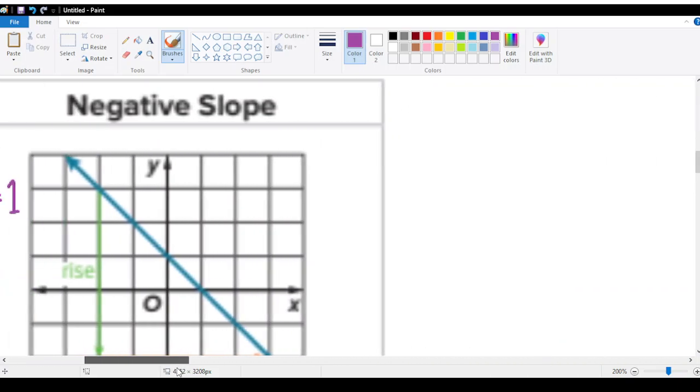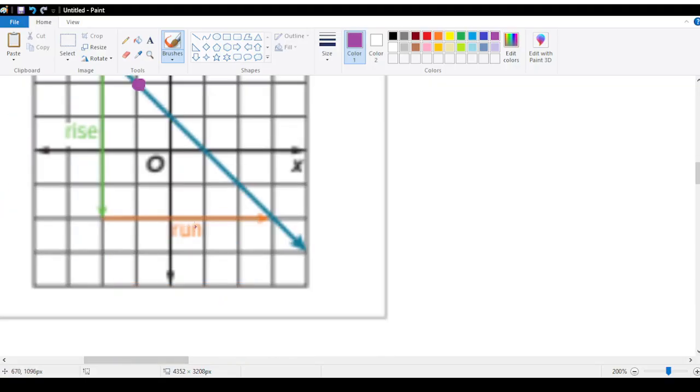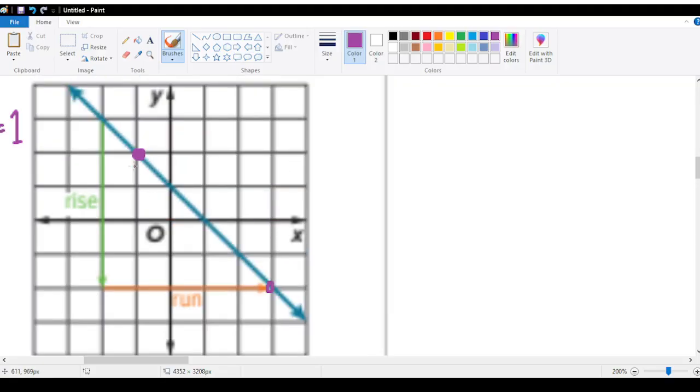Now let's talk about the second graph, and let's suppose that Shamsa before was here and now she will be here. Will we rise or will we go down in order to reach the other point? We will go down. One, two, three, four.